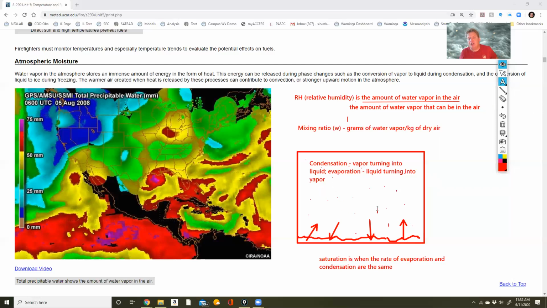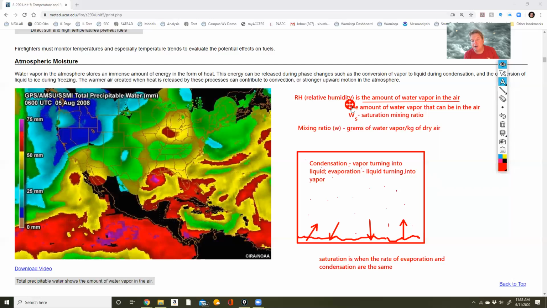So look, imagine this. Imagine in this box that the rates of evaporation and condensation are the same. Every time a molecule wants to come out into the air, some of those molecules go back into liquid. I can't put any more vapor in the air because the more I do, the more that comes out. So we are going to call that bottom number W with the subscript S, which is saturation mixing ratio.